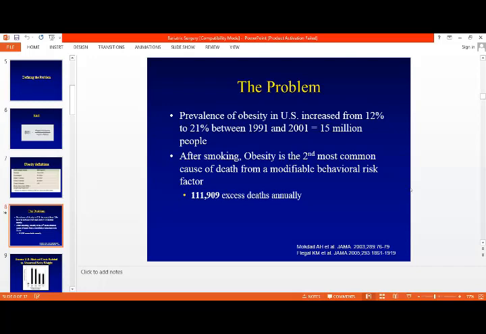Eating is a behavior, just like smoking is a behavior, and it is modifiable. Excessive eating or less exercise leads to obesity, and these two behaviors can be modified. After smoking, obesity is the second most common cause of death from a modifiable behavioral risk.